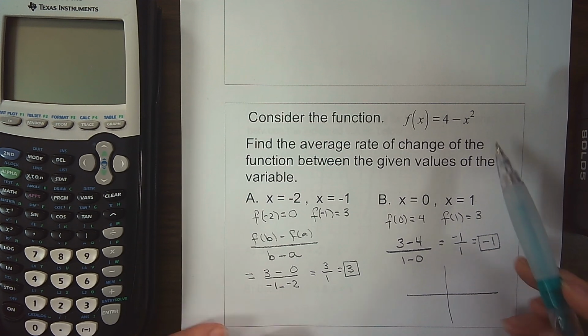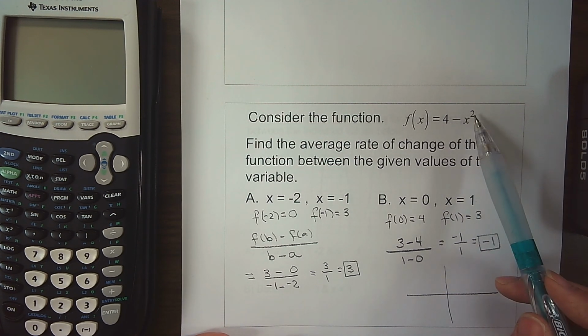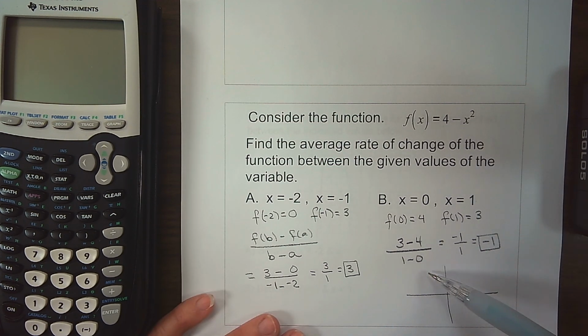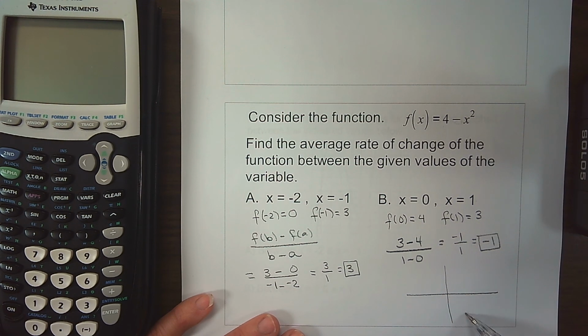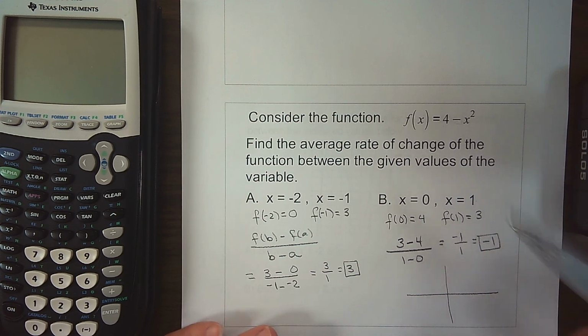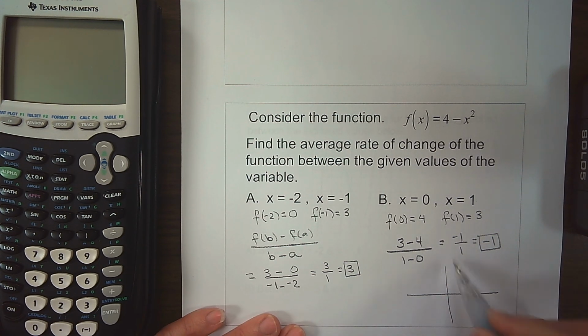I want you to think for just a minute about what we've been studying with parent functions. Y equals x squared is this parabola that opens upward, but since there's a negative leading coefficient here, it would open downward. And I know we haven't studied all transformations yet, but essentially that +4 would shift it up 4 units. So it would look something like this. I know I didn't put any markings on this graph, so it's just a sketch.